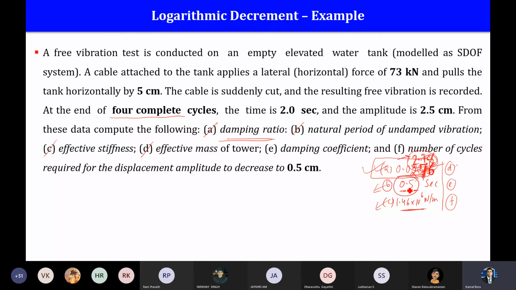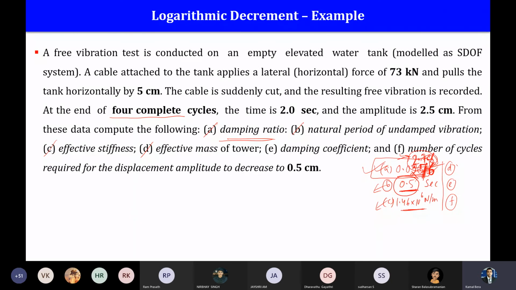Now, someone is telling this 0.5 is the damped time period, right? Yes, sir, it's 0.5 only. So then zeta you got, you can find out omega n or not? Omega d equals omega n root over 1 minus zeta square.